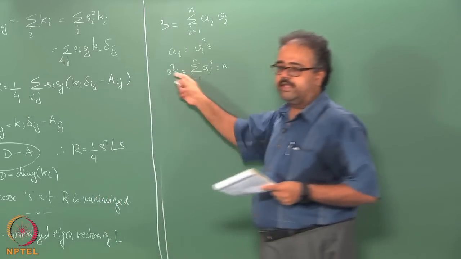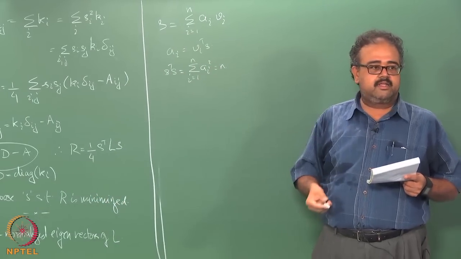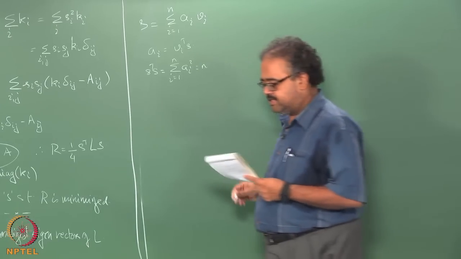So that should be equal to N, that is a constraint that we should remember.